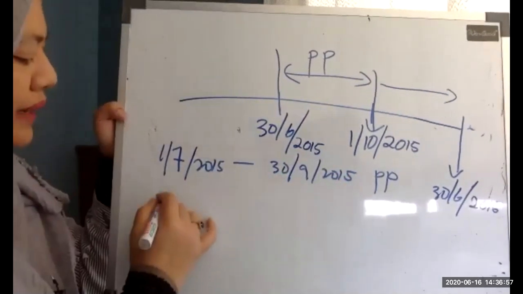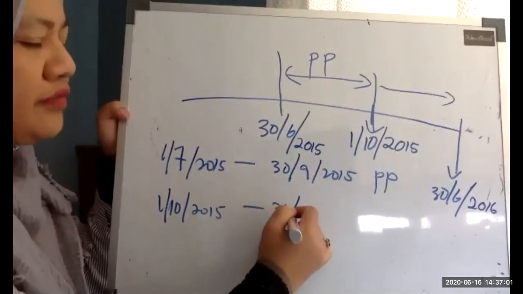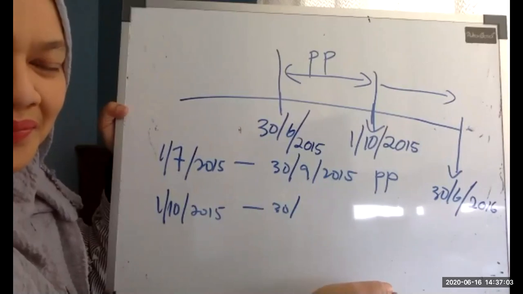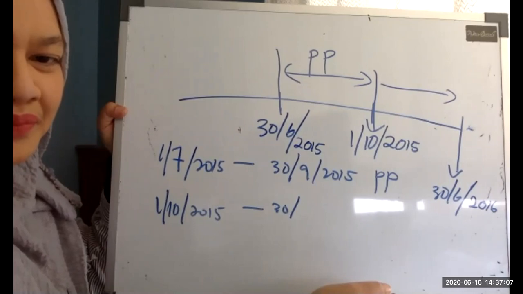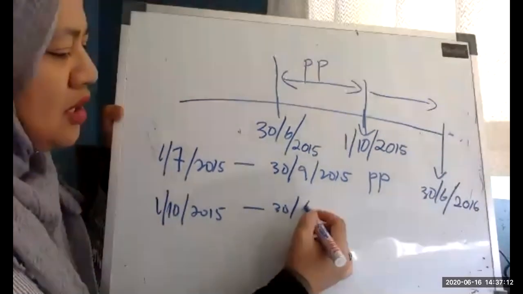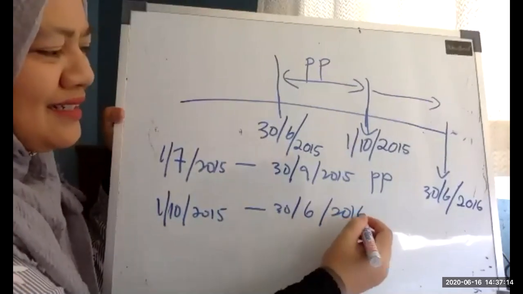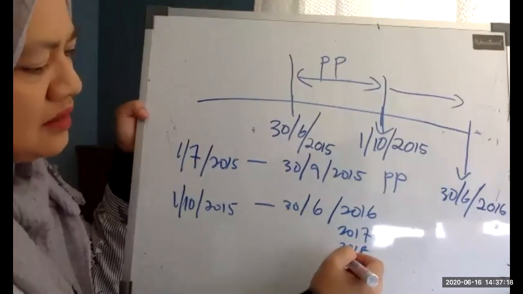Now you start the pioneer period on 1st October 2015, and close on your year end, 30th of June 2016, 2017, 2018, 2019.